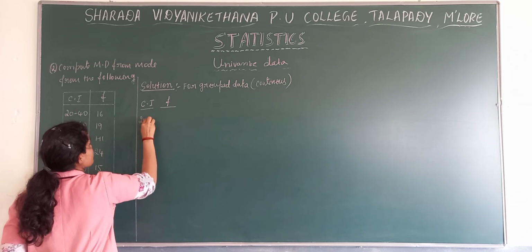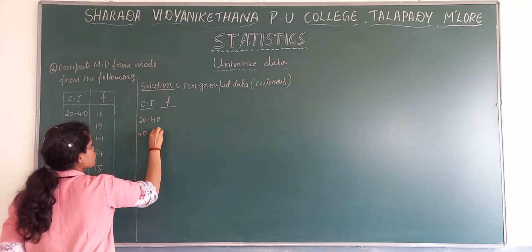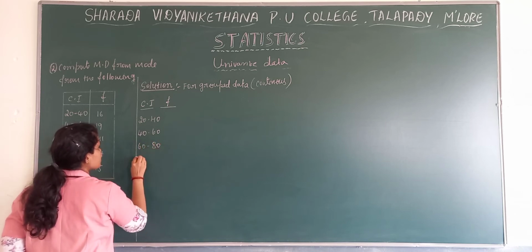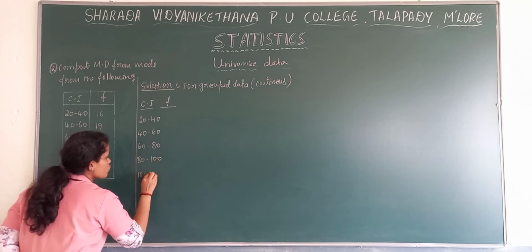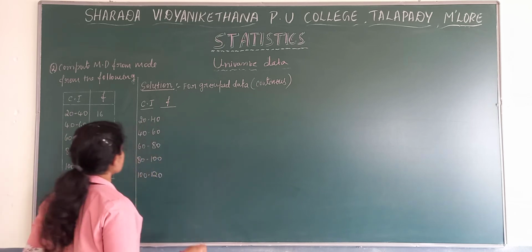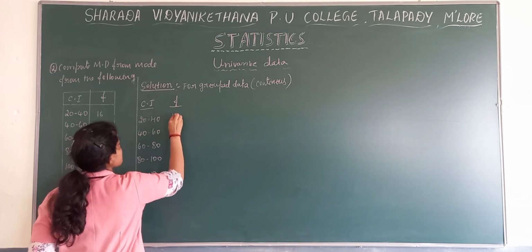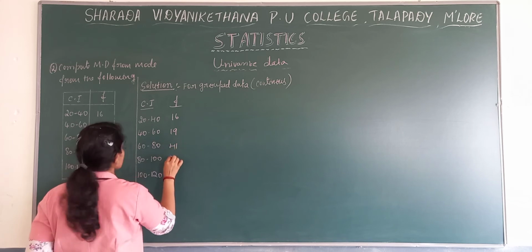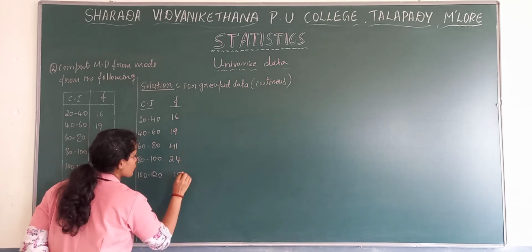Class intervals are 20 to 40, 40 to 60, 60 to 80, 80 to 100 and 100 to 120. Next we write the frequencies, that is 16, 19, 41, 24 and the last one is 15.